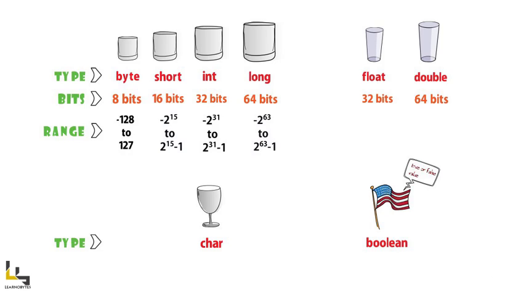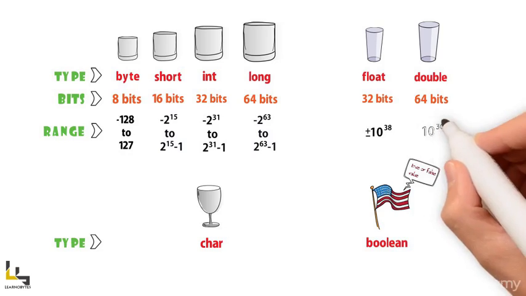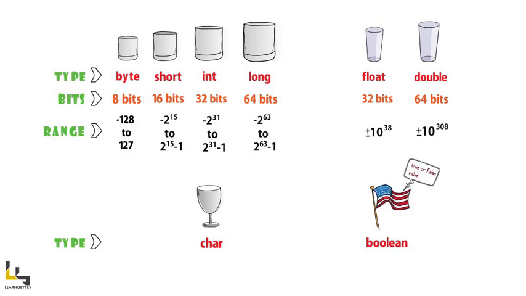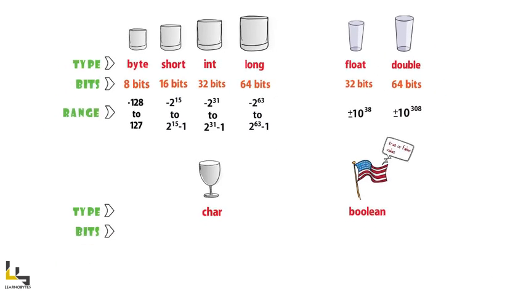Float has a range of about ±10 to the power of 38 and about 7 significant decimal digits. The double type has a range of about ±10 to the power of 308 and about 15 significant digits.